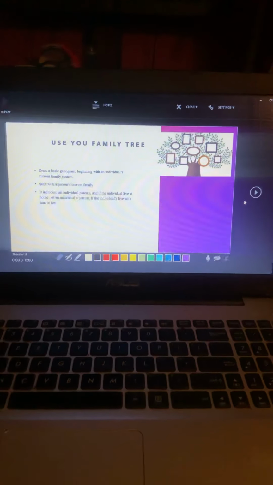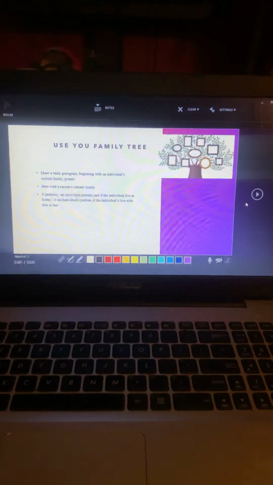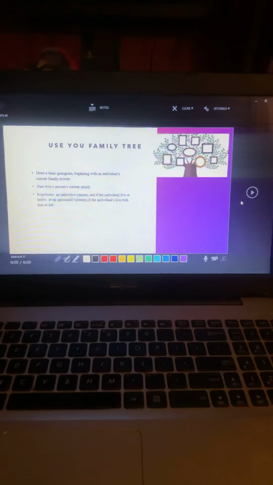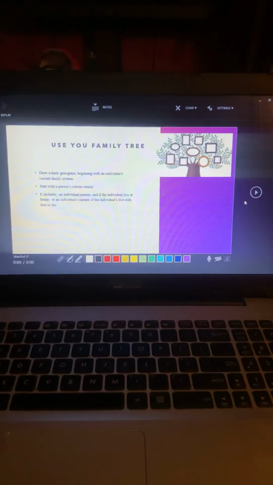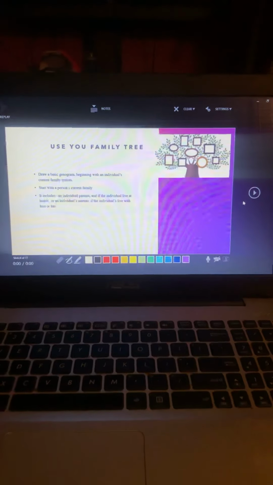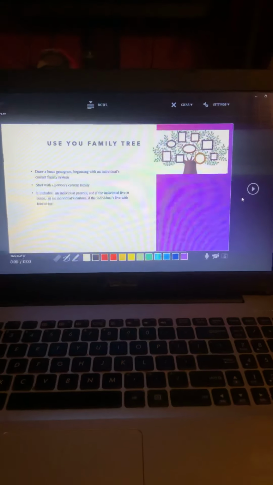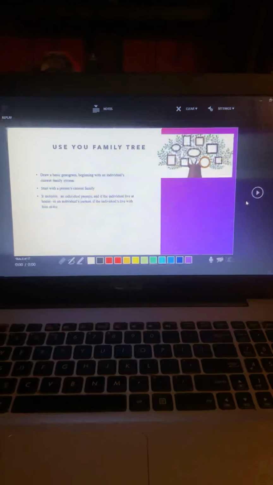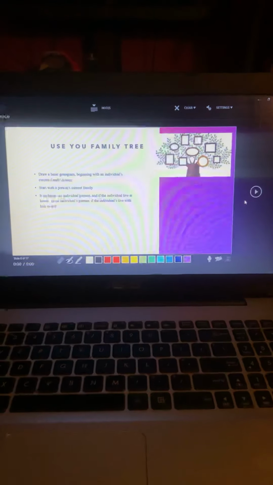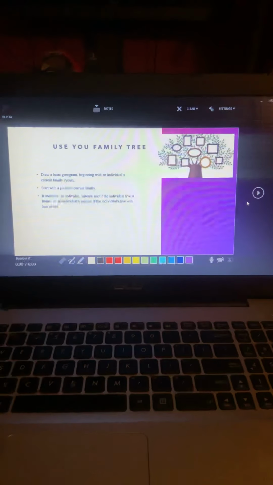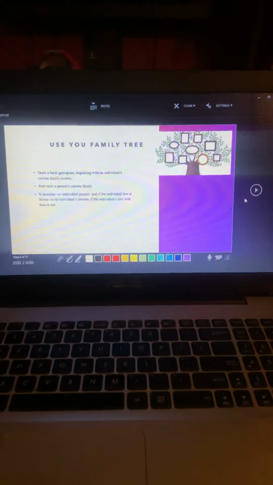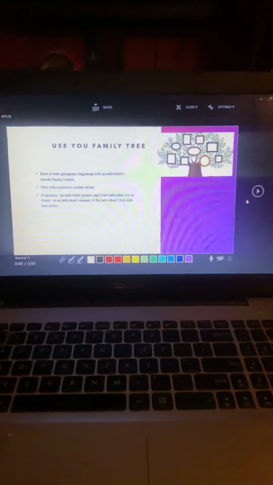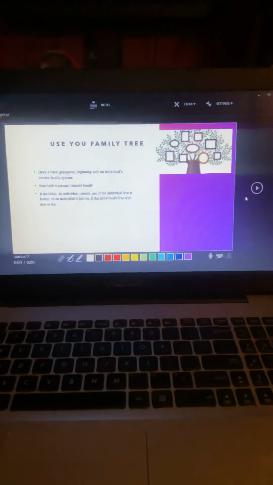Just starting off with this family tree dynamic, and then you can get into details later about if this relationship was emotionally unconnected, this marriage was not emotionally connected, or if this parent had problems with alcohol. I could be transparent about my specific genogram.